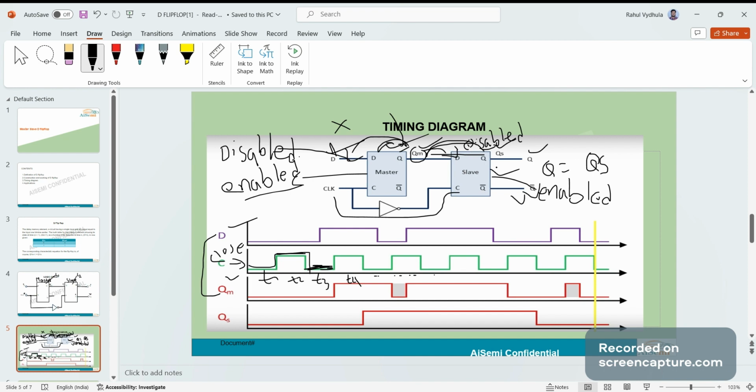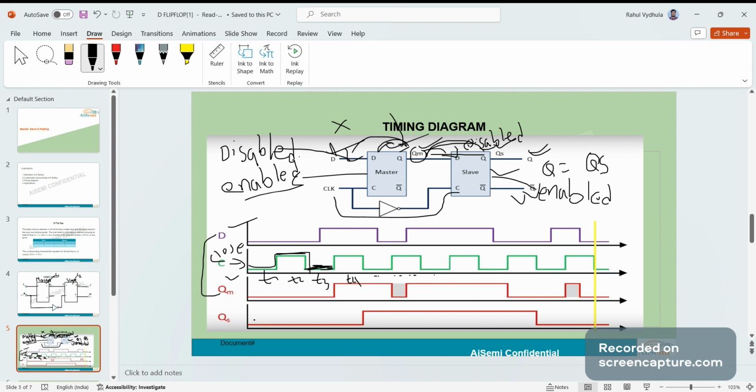And this is the output of the Q, and the QS output changes only once, right? Only once it will be happening. The QS is only changing once.